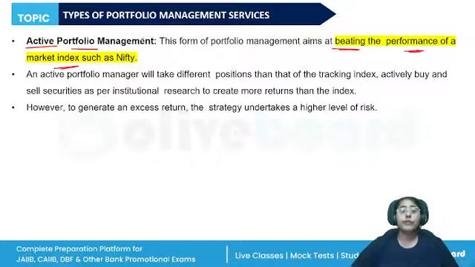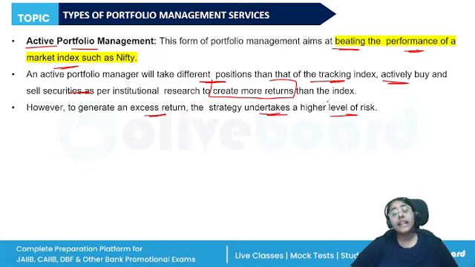So the active portfolio manager will take different positions than that of the tracking index. They will actively buy and sell securities to create more returns. However, for creating more returns, the strategy undertakes a higher level of risk. That is active. Actively, the portfolio manager is involved.